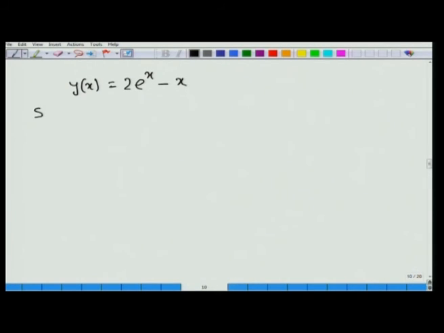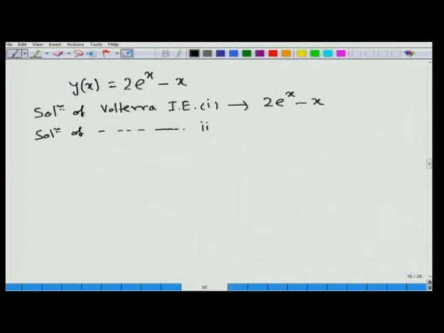Therefore, the solution of the Volterra integral equation 1 is 2 e to the power x minus x, and the solution of the Volterra integral equation 2, in terms of u, will be the second derivative of this function, that is 2 e to the power x. You can verify these are the solutions of these two problems.